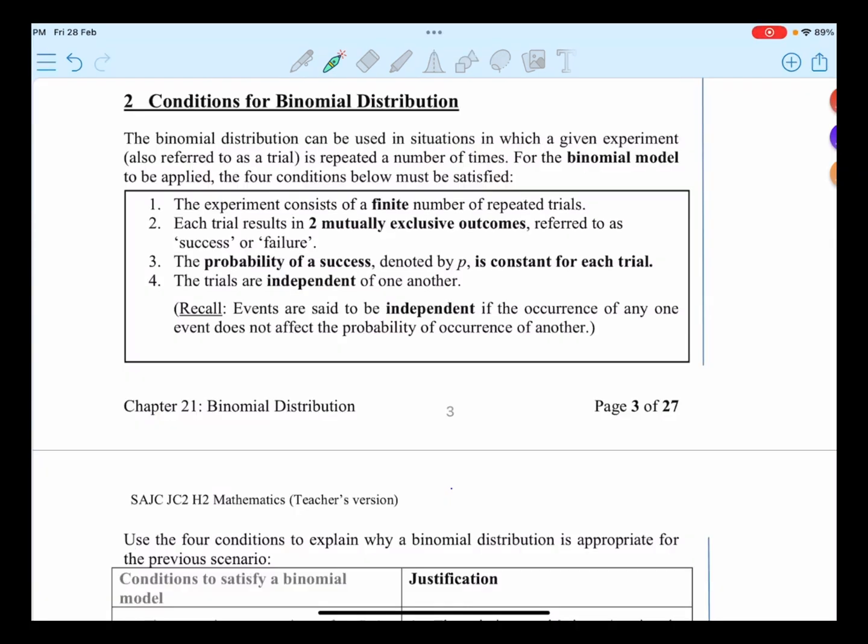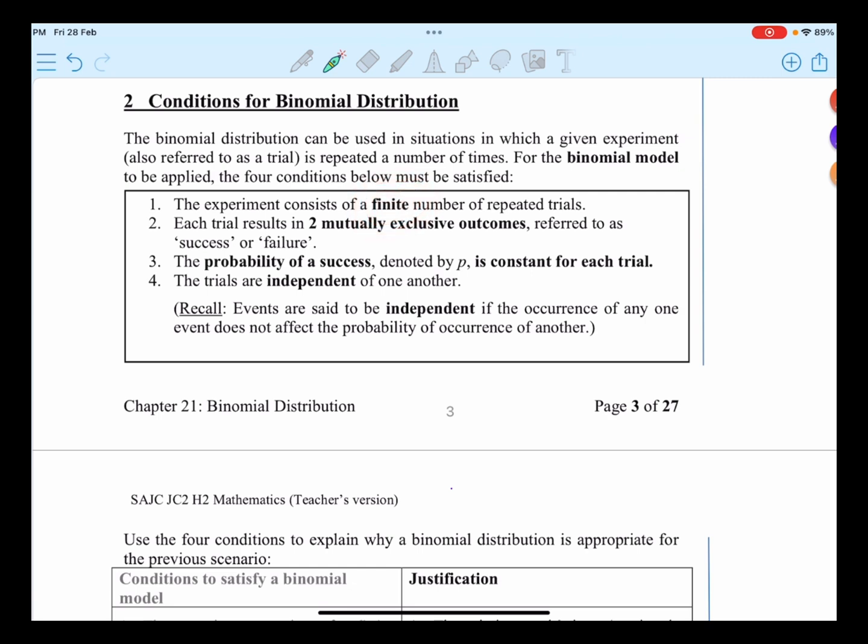Next we look at the conditions for binomial distribution. The binomial distribution can be used in situations in which a given experiment, also referred to as a trial, is repeated a number of times. For the binomial model to be applied, we are looking at these 4 conditions. They must all be satisfied. The first condition is the experiment consists of a finite number of repeated trials.